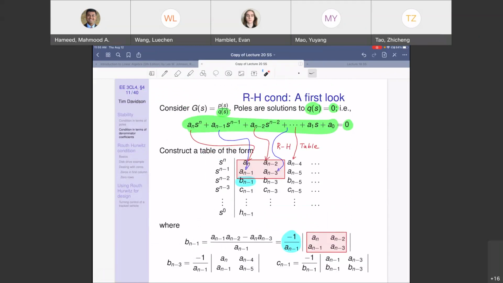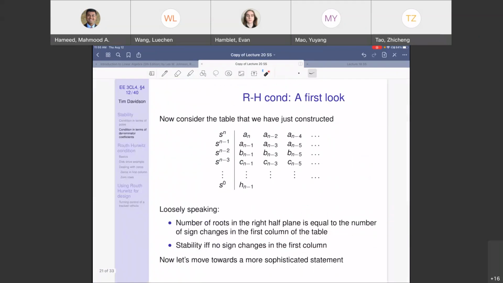Then we are going to observe the table. So once you have the Routh-Hurwitz table filled in with numbers, maybe they are all numbers, maybe they are parameters, like k might start appearing here if you have those polynomials in k. But if you want to comment about the stability of the system, then the statement is: stability if and only if there is no sign change in the first column.